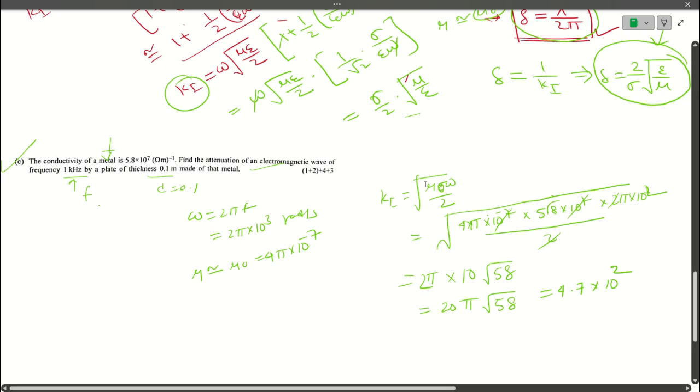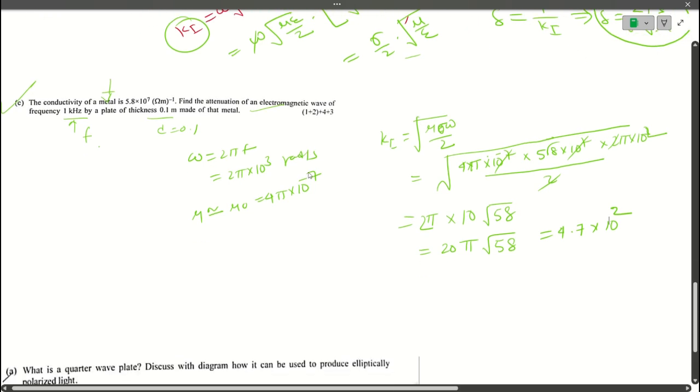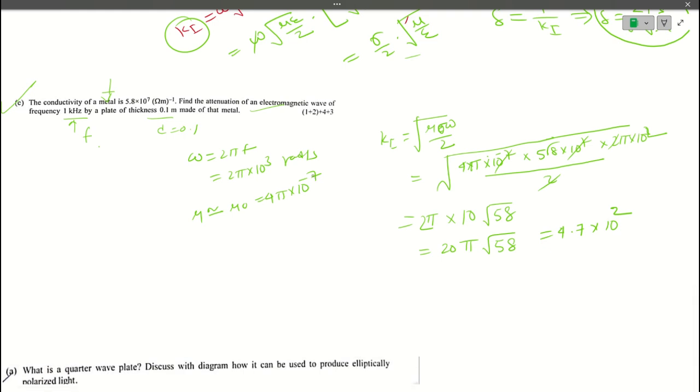Now we have to find the attenuation of the electromagnetic wave. Here k equals basically kr plus iota ki.